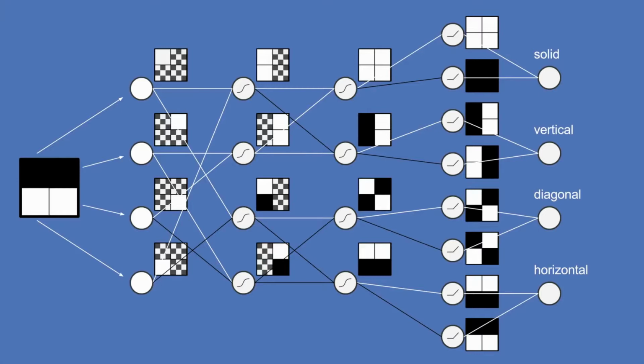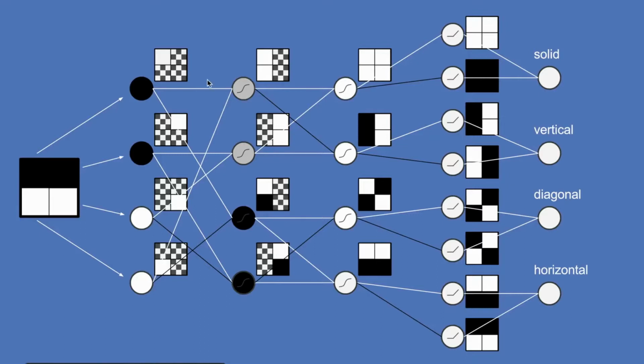So to walk through an example of how this would work, let's say we start with this input image shown on the left. Dark pixels on top, white on the bottom. As we propagate that to our input layer, this is what those values would look like. The top pixels, the bottom pixels. As we move that to our first layer, we can see the combination of a dark pixel and a light pixel summed together get us 0, gray.